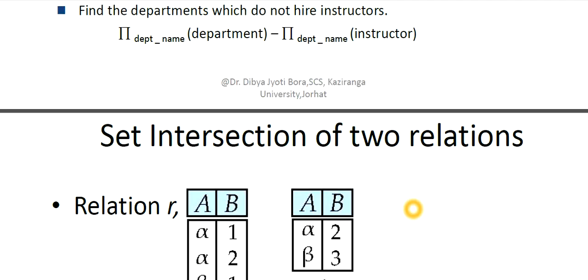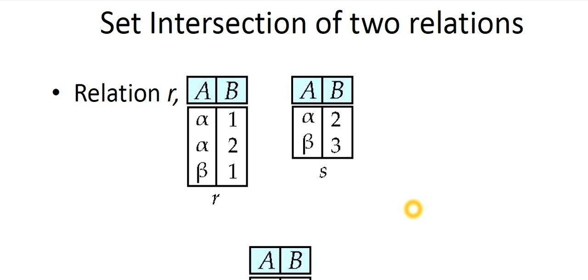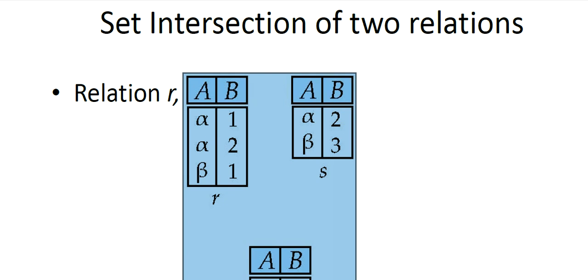Then we have set intersection of two relations. The same relations R and S are considered. Intersection means common values, that is, the tuples which exist in both of the two relations. Consider these two relations R and S. If you focus carefully, you will find that alpha 2 is present in both of them.